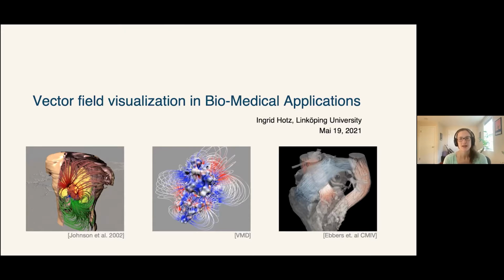Since then, she has spent some time at the University of California, Davis, at the Zuse Institute in Berlin, and at the German Aerospace Center. Currently, she leads the scientific visualization group at the Division for Media and Information Technology at Linköping. Her research interest lies in the area of data analysis and scientific visualization, ranging from basic research questions to effective solutions to visualization problems in applications including flow analysis, engineering, physics, and medical applications.